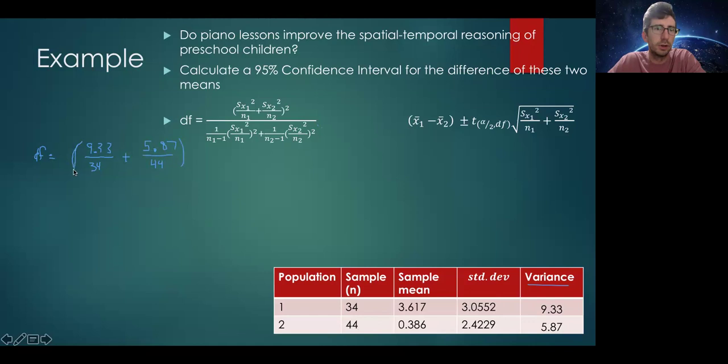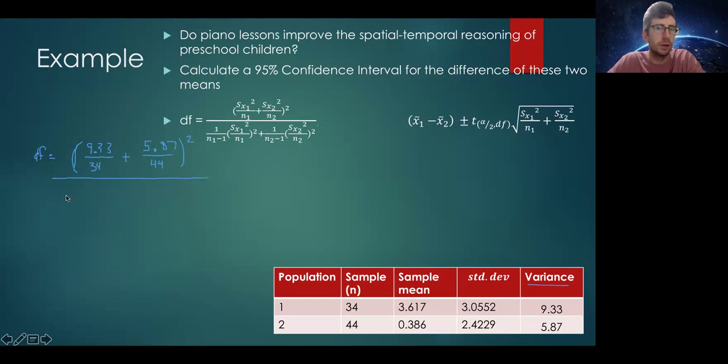So these things are inside parentheses, right? So we're going to add them up together first. We'll do this division to get a decimal number, do this division, and then add up those two decimals. But then we need to square that final number we get on the inside.